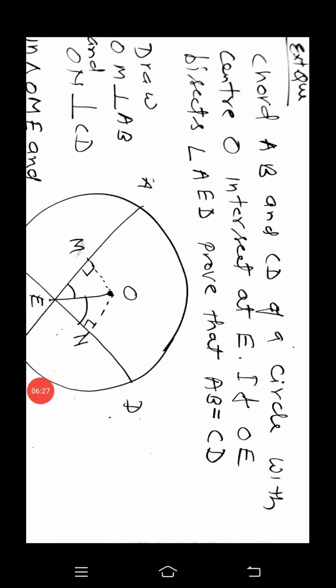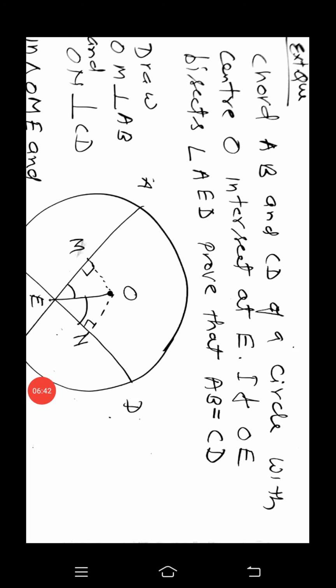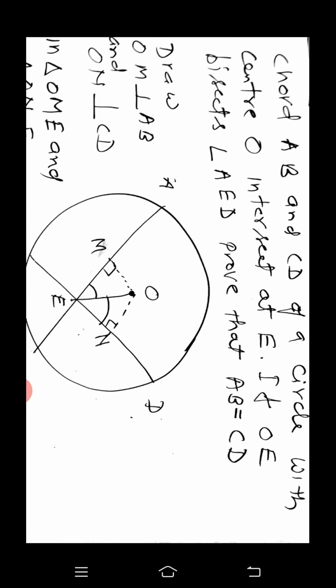Let us take one extra question. It's not from the book. Chords AB and CD of a circle with center O intersect at E. If OE bisects angle AED, prove that AB equals CD. So just see the figure.